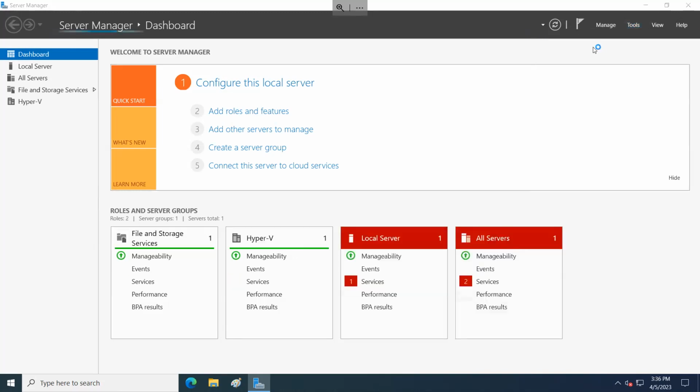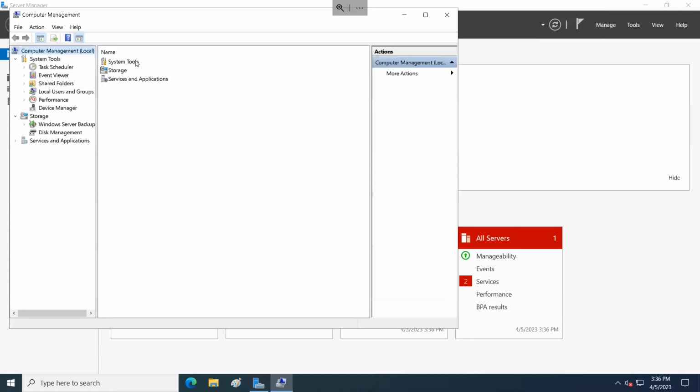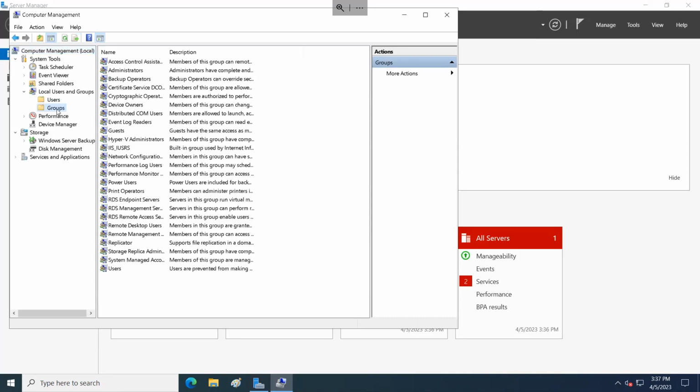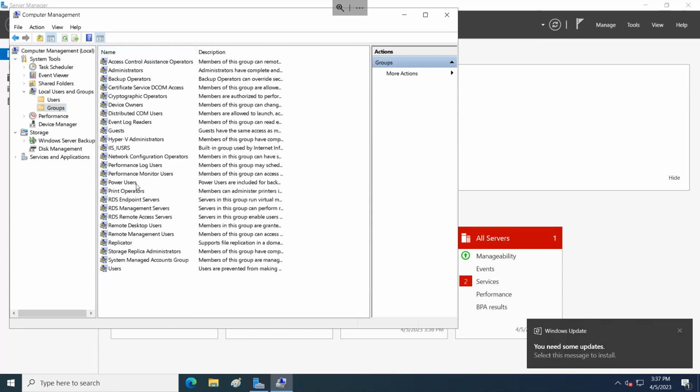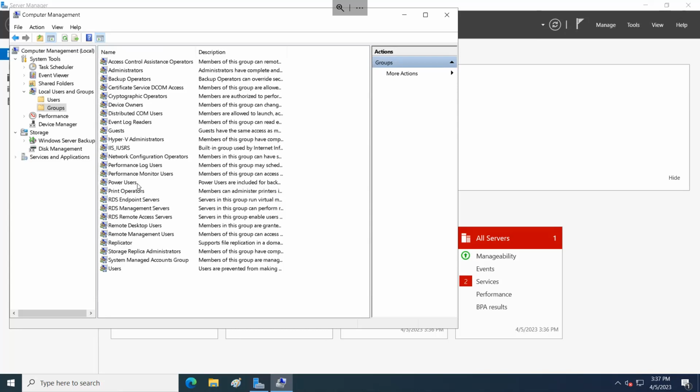So this is another server, much like the one we were just looking at. Can everybody see local users and groups? Yeah. Who would think that you could have so many different groups? Now, we have a few more groups on a server than we do in the Windows 10 or Windows 11 Professional Edition or Corporate Edition.